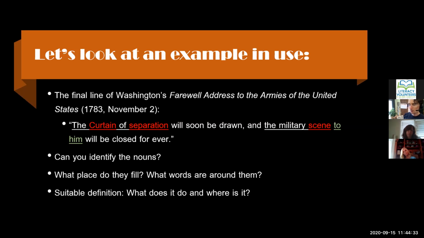But really, the way to understand how to use a noun is what place does it take in the sentence. So the object, the noun, usually has a place and it's acting in some way. That's the verb. And when it acts, it may affect another object or it may not.